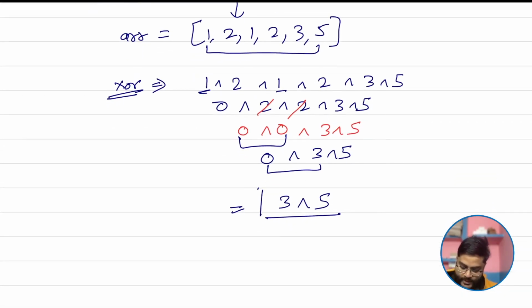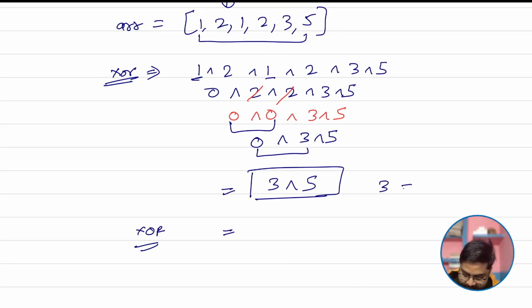Now these are the two non-repeating numbers. If you do XOR of all of these, what will happen? 3 can be written as 0 1 1 and 5 can be written as 1 0 1, and the XOR of these two will be 1 1 0, so it is nothing but 6.